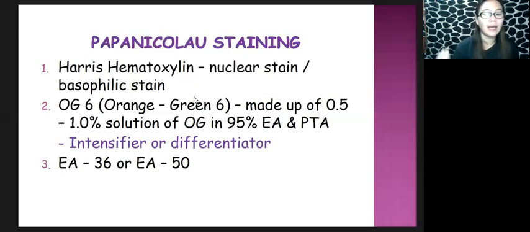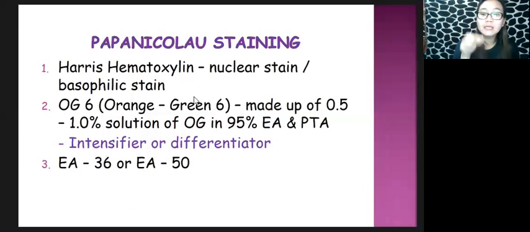All right. And then the next thing that you have to do is to bring your smears to alcohol. If you look at the concentrations of alcohol which are utilized, we start at 70% and then followed by 95%.